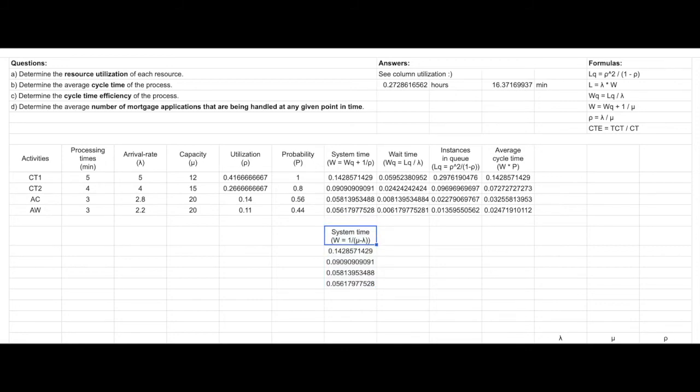To answer question C, the cycle time efficiency of the process, we need the theoretical cycle time, also called TCT, and the cycle time, the CT. We know that the cycle time efficiency of the process is the ratio between the theoretical cycle time and the average cycle time.